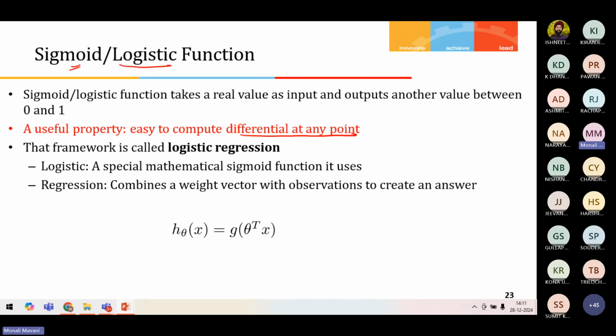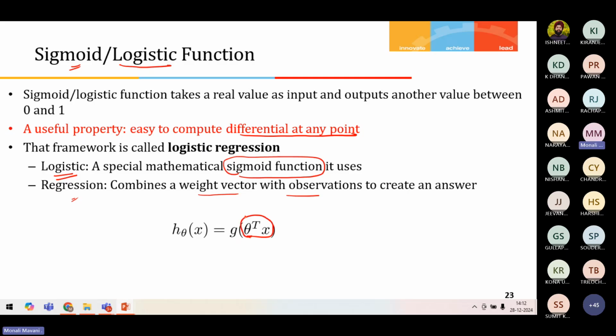The sigmoid function is used for logistic regression. Logistic is a family of functions, and logistic regression uses a sigmoid function, which belongs to that family. So that gives the name logistic regression. Why regression? Because we are taking a weight vector with the observation, so we are taking this weighted sum of all the inputs.